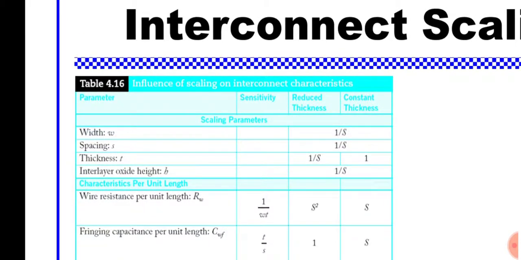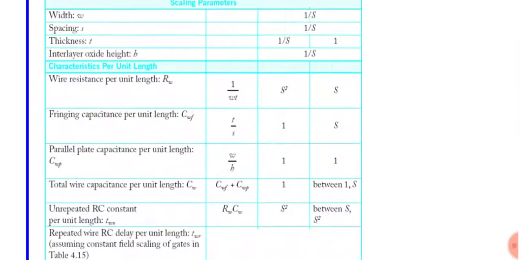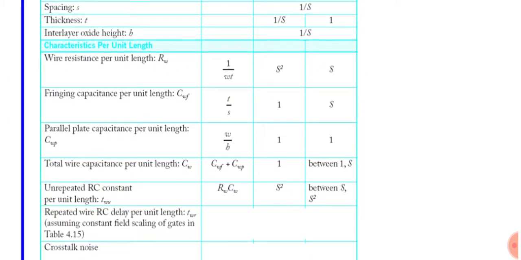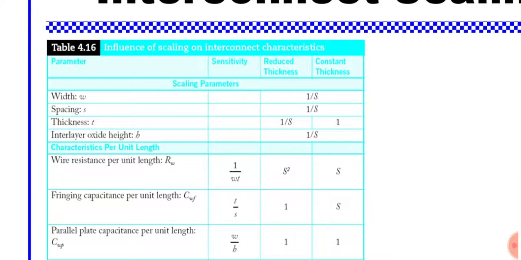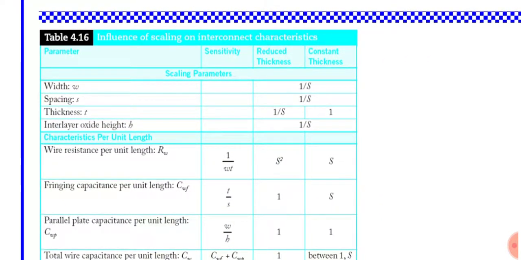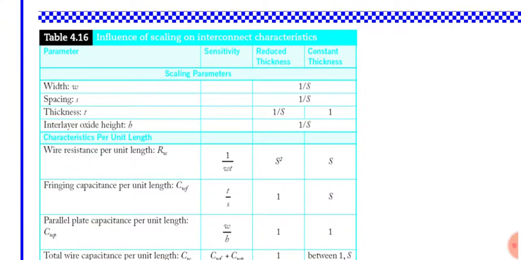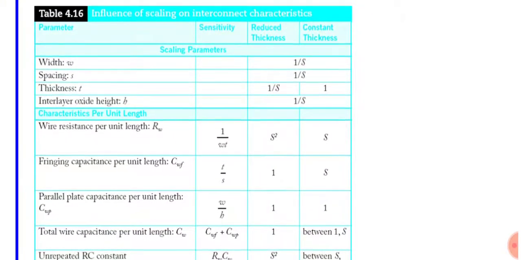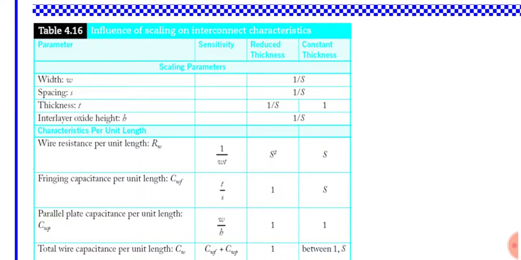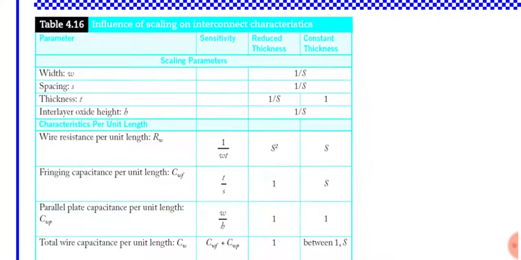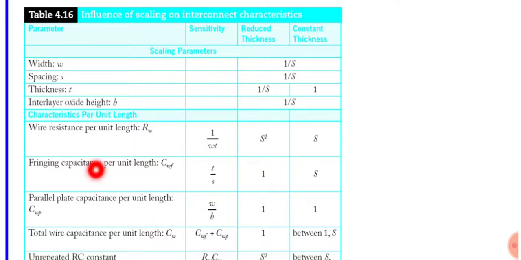The scaling parameters: width W is 1 by S, spacing S is 1 by S, thickness T is 1 by S for reduced thickness and 1 for constant thickness, interlayer oxide height 1 by S. The wire resistance per unit length has sensitivity 1 divided by Wt: S squared for reduced thickness and S for constant thickness. The fringing capacitance per unit length has sensitivity T by S: 1 for reduced thickness and S for constant thickness.